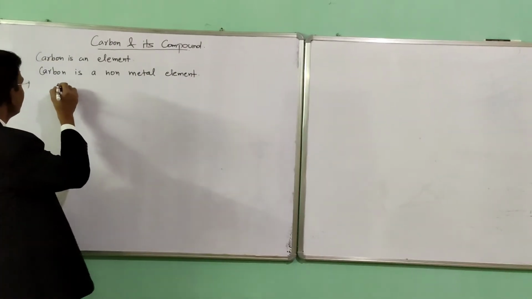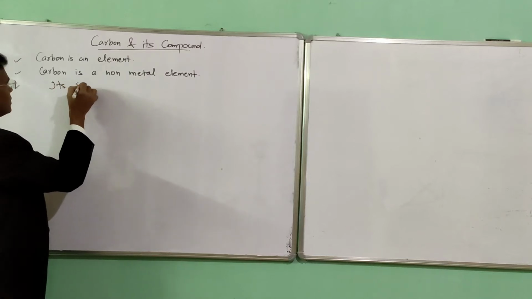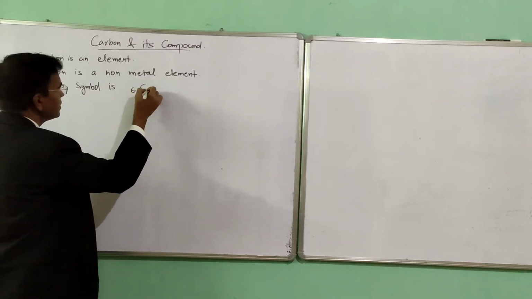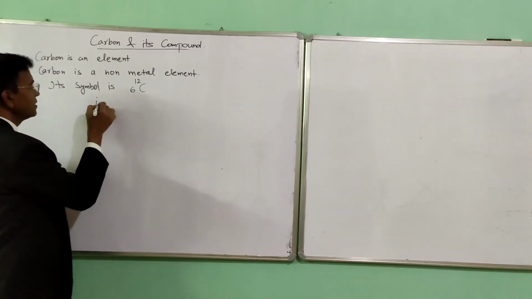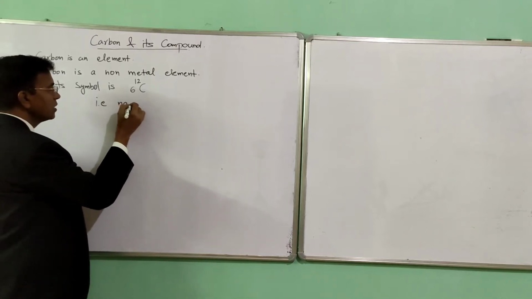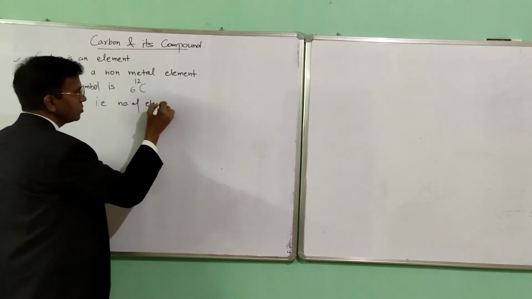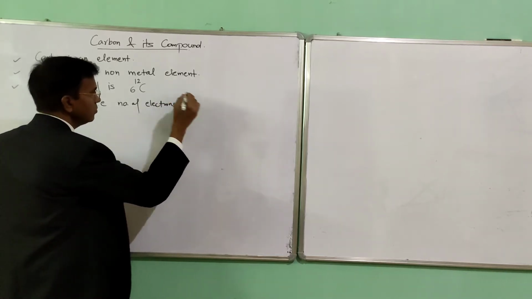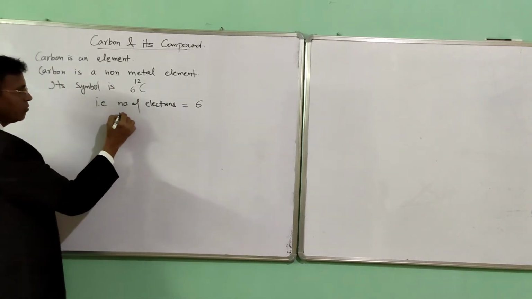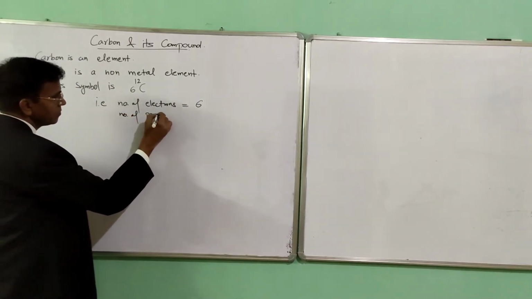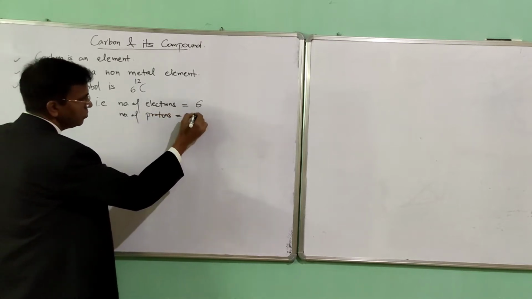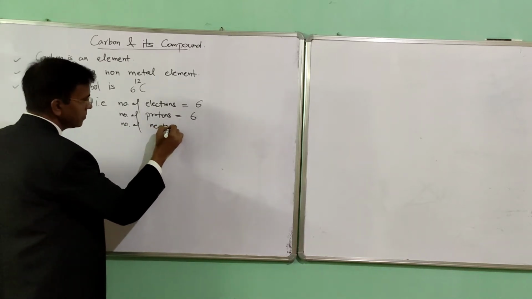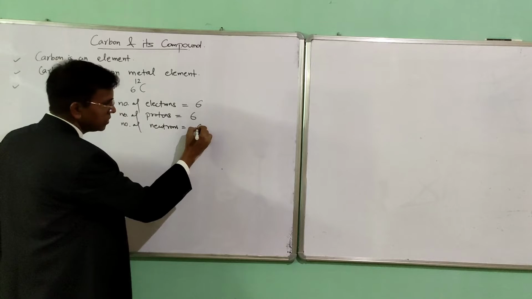Its symbol is 6C. That means the number of electrons in a carbon atom is equal to 6, the number of protons is equal to 6, and the number of neutrons is also 6.